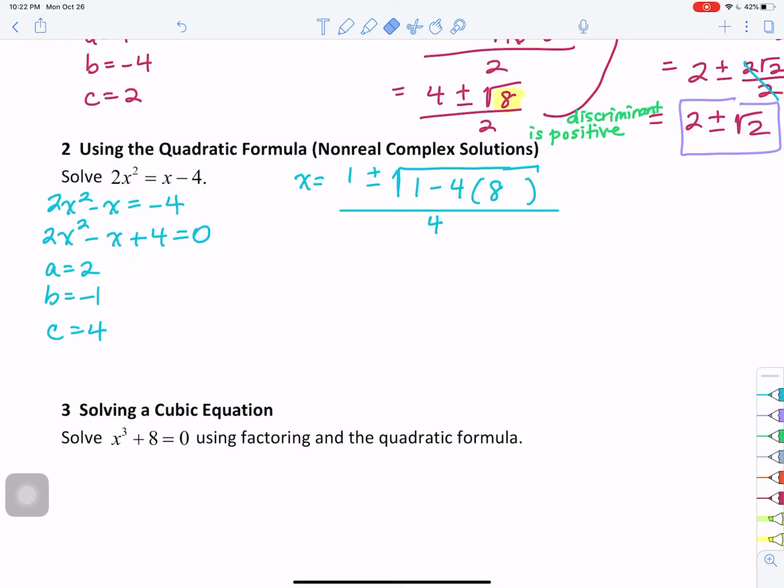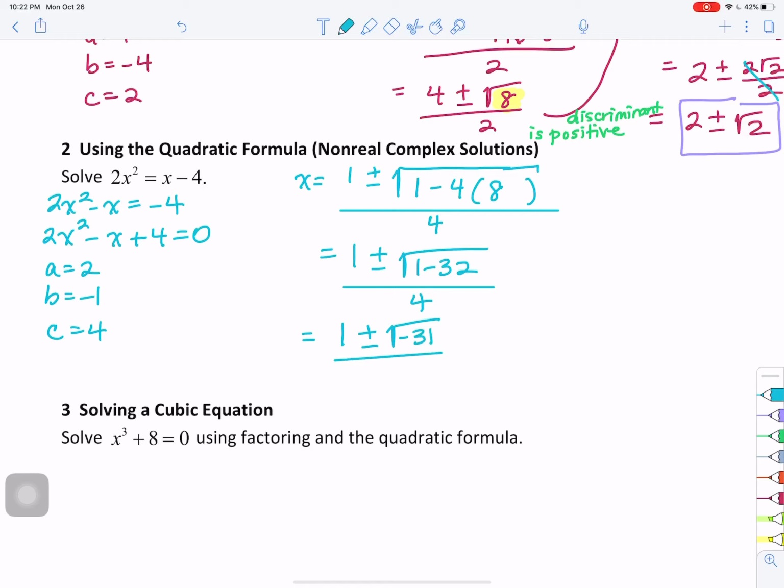So now we have 1 plus or minus the square root of 1 minus 32 all over 4. 1 plus or minus the square root of a negative 31 all over 4, which is equal to 1 plus or minus i root 31 all over 4.